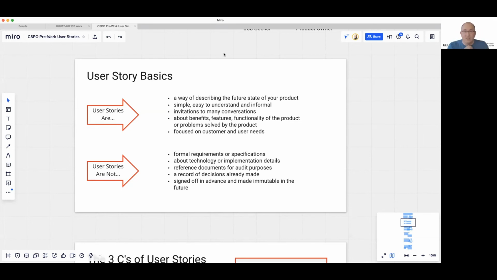Finally, and this is really important, user stories are never signed off. They're not immutable. They're not unchangeable. They are deliberately something that could change in the future. We have 3 C's that we need to think about for user stories. First of all, user stories are written on a card.